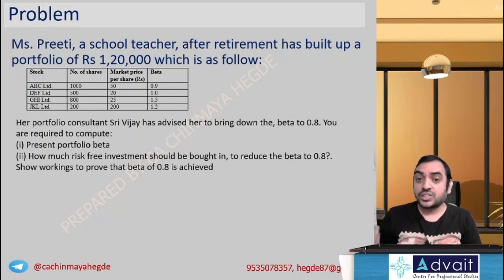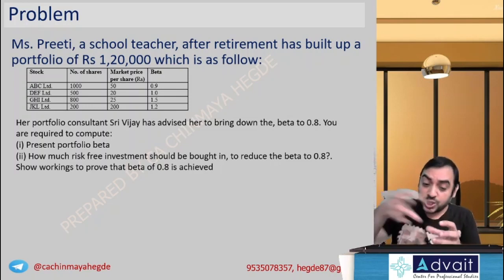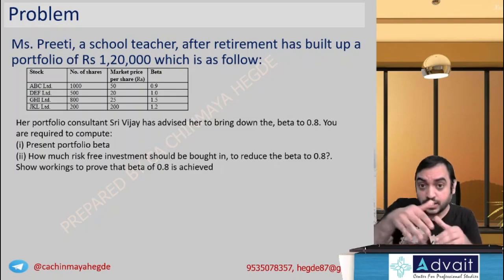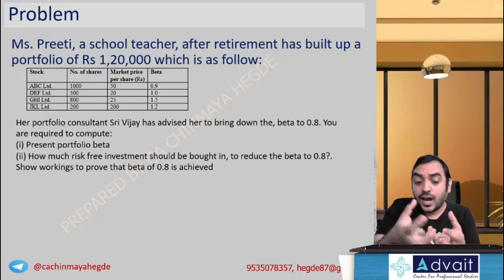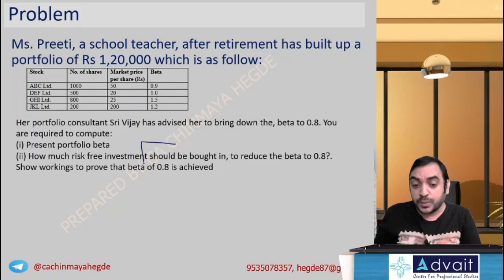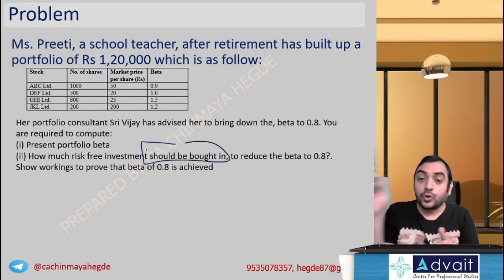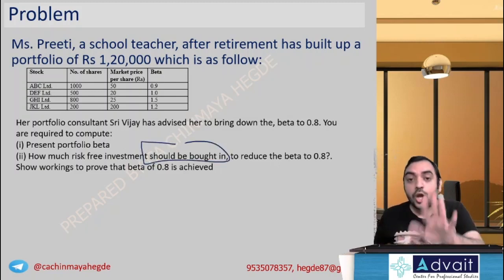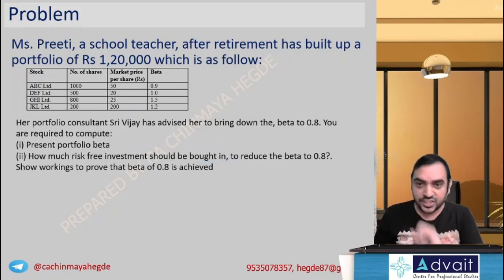When I say how much risk-free investment should be brought in, it is either the additional amount to be added in addition to the existing one, or the amount to be substituted. Both ways we can answer, and both ways the answer is different. Normally, because they said investment should be brought in, we interpret it as the amount to be added and not substituted. All those things I'll explain once more.